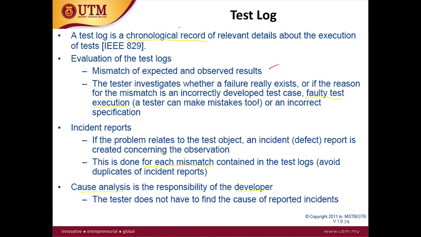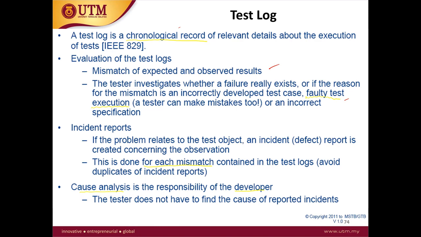But we have to remember, as I already mentioned in the group project, that faulty test execution may also happen, where possibly the environment is not set correctly, or maybe your test cases also contain errors. So it is not only the developer, the error is not only caused by the source code or the developer.